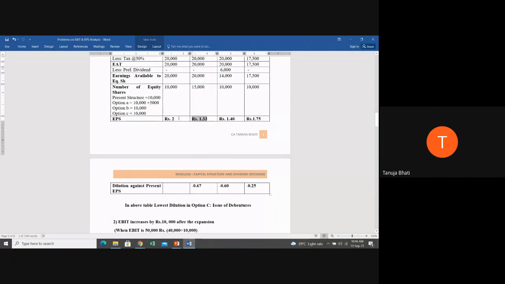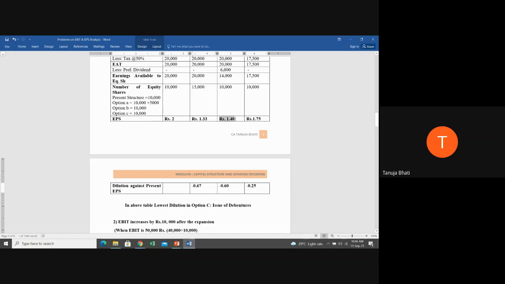So when you compare it to the present, what is the reduction in the EPS? That is nothing but dilution against present EPS. So when the present was rupees 2 and later after raising 50,000 rupees, their EPS has come down to 1.33. So what is the dilution in this? How much EPS has gone down? It has gone down by 0.67.